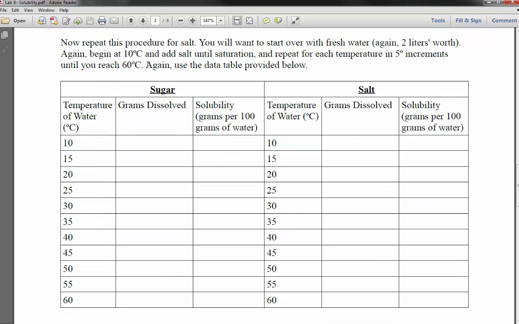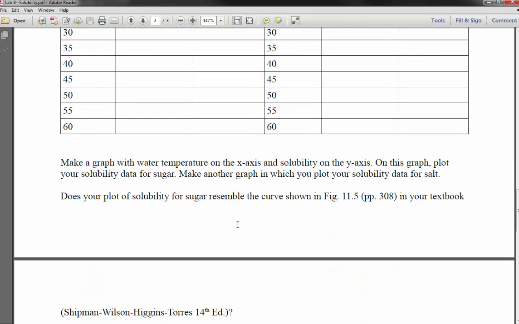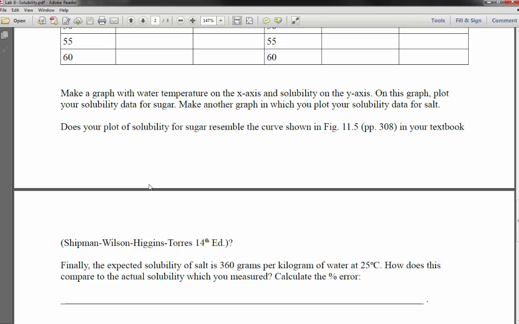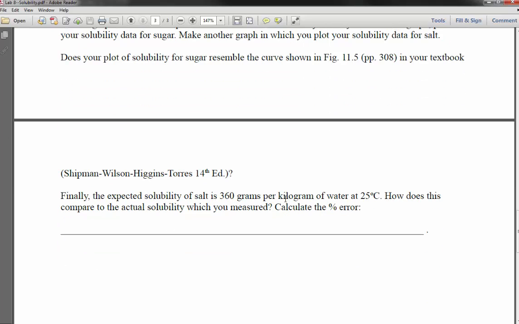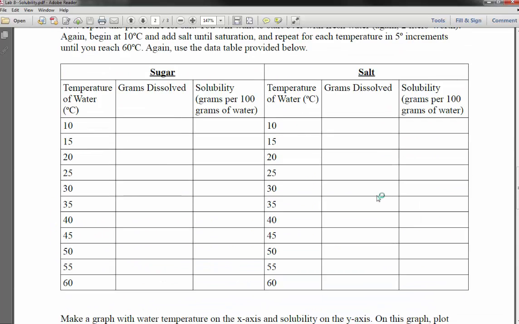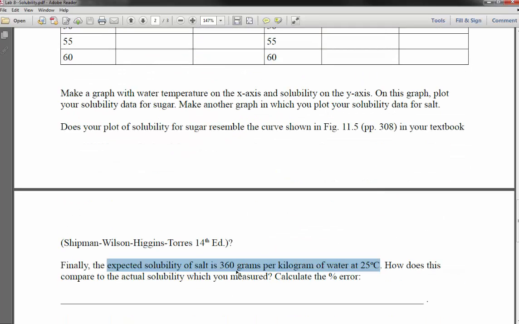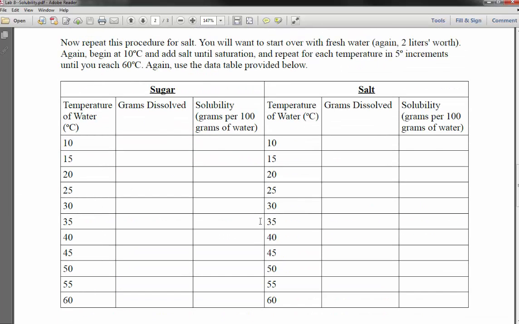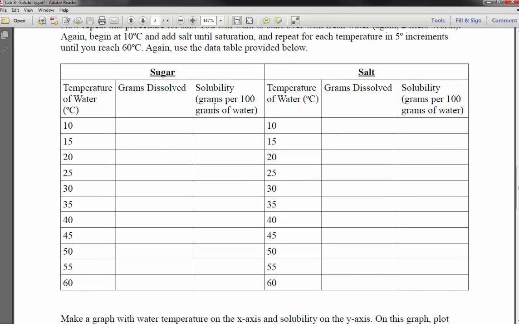Then another loose end here is that we can do for practice a calculation similar to the type that we would have on this table. And then finally, the next loose end is that you're supposed to calculate the expected solubility of salt. Compare the actual value you get at 25 degrees C to the value that's expected of 360 grams. So let's try these two loose ends in turn.